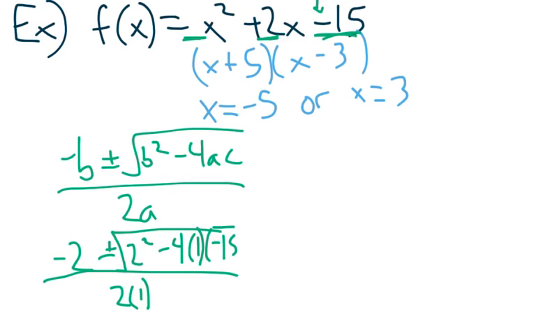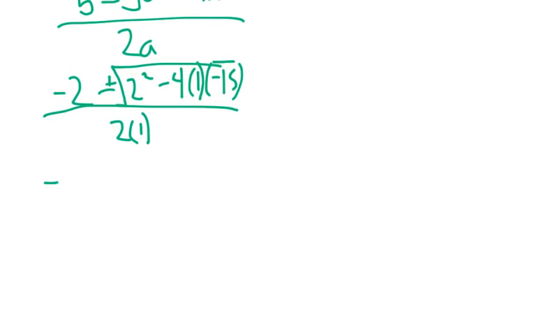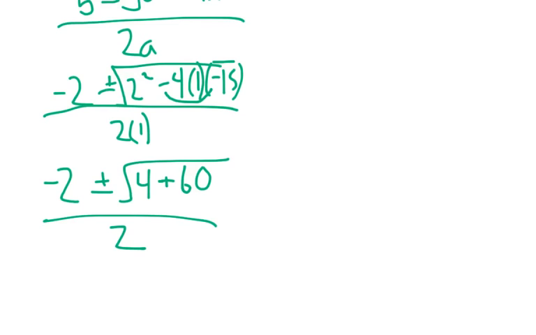So half the battle with the quadratic formula is plugging it in properly. The other half is simplifying it. Excuse me. So now that we have it in here, we can work on simplifying it. Negative 2 plus or minus the square root of 4. And then what's going to end up happening here is that these two negatives are going to cancel each other out to go plus 60. 4 times 1 times 15, all over 2.